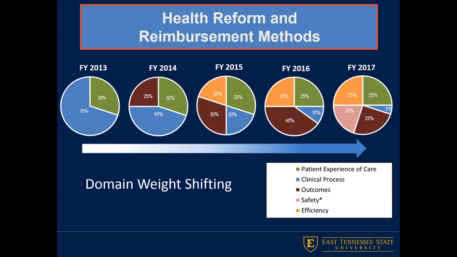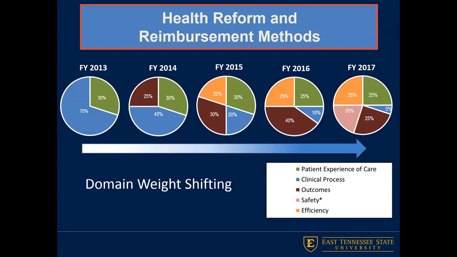In 2015, we start to see a split on efficiency in clinical processes, and then a 30-30 split on outcomes and patient care. So you can see the outcomes piece starting to get larger as we move into 2016. Efficiency is at 25%, clinical processes down to 10, and we have outcomes at 40%. So we see the domain weight starting to shift as we move along through this implementation of the Affordable Care Act.